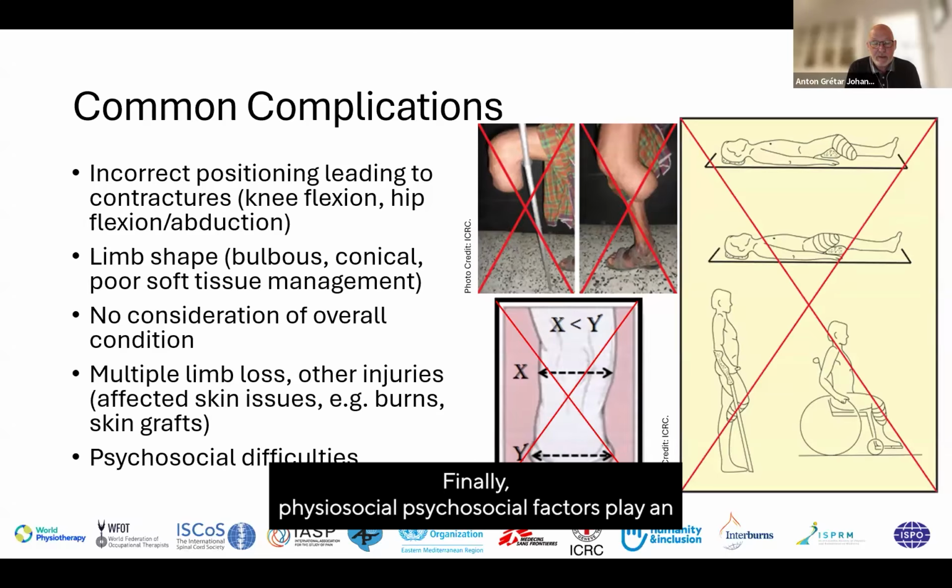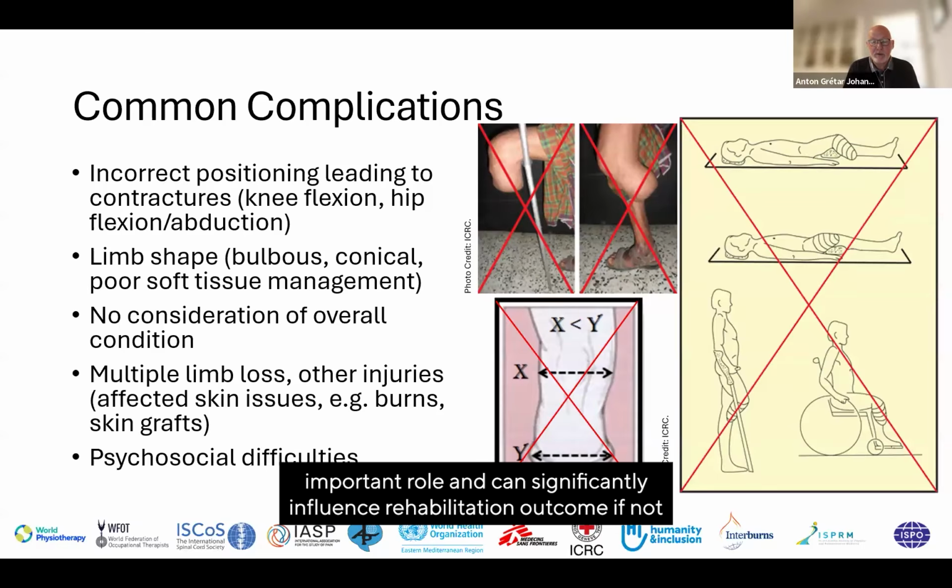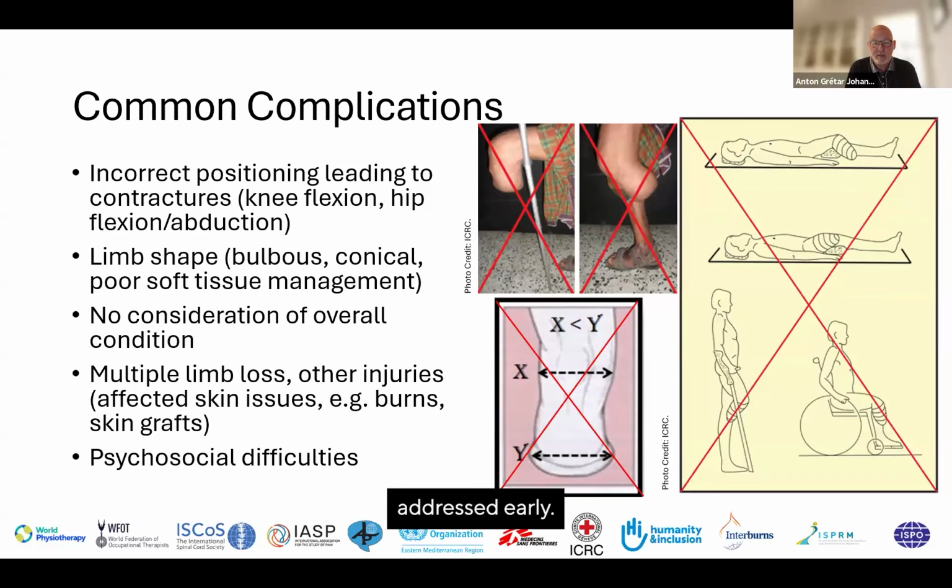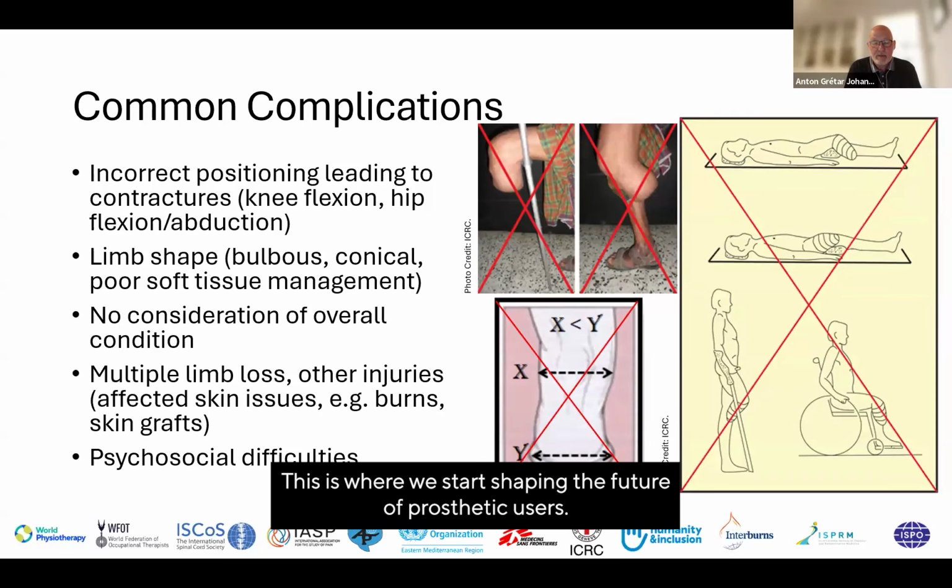Finally, psychosocial factors play an important role and can significantly influence rehabilitation outcome if not addressed early. This is where we start shaping the future of the prosthetic user.